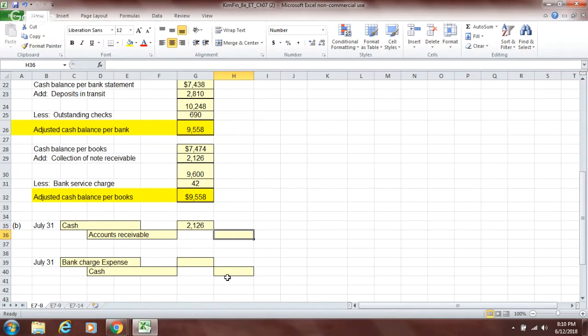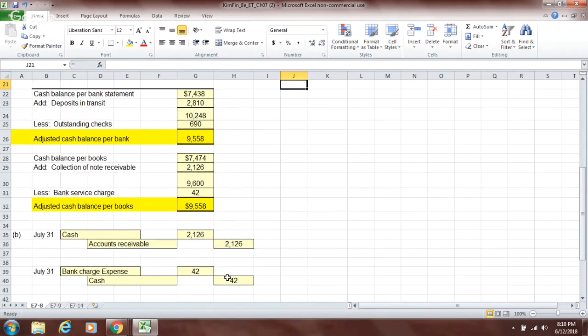We also have the bank charge expense, which is $42, and we have to take it off from our cash. So mostly that's all it is.